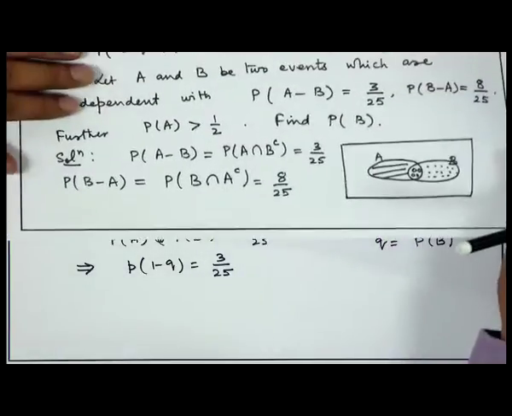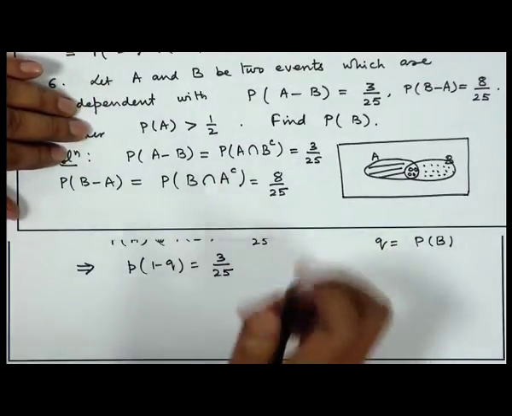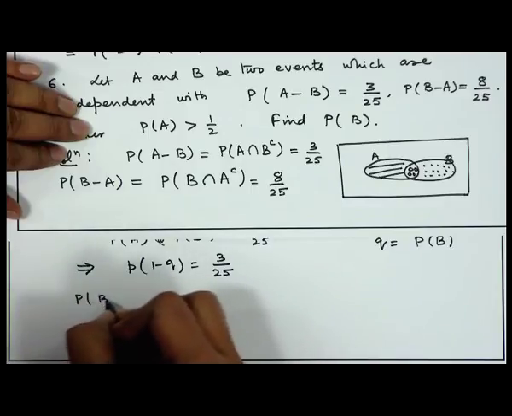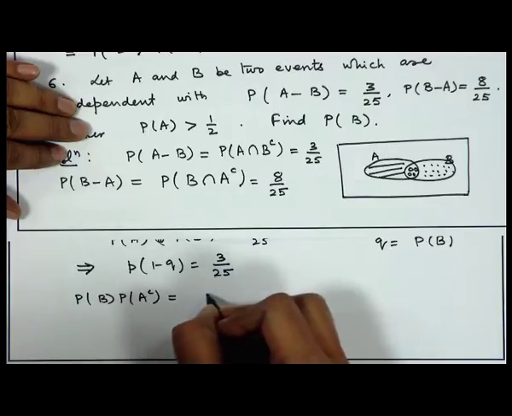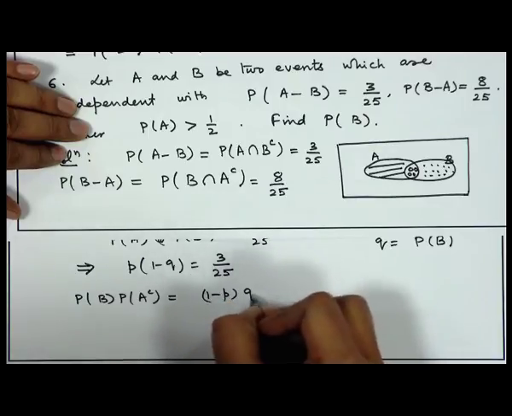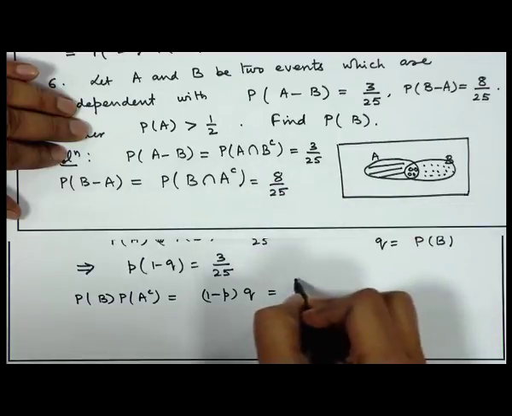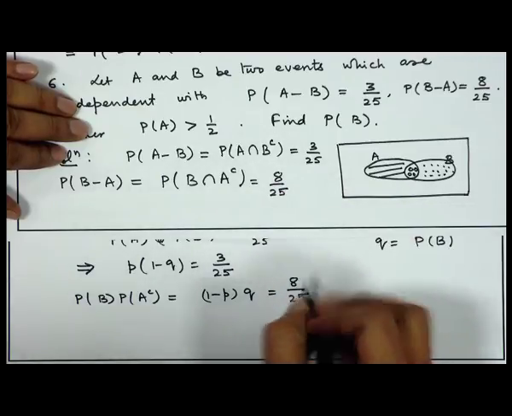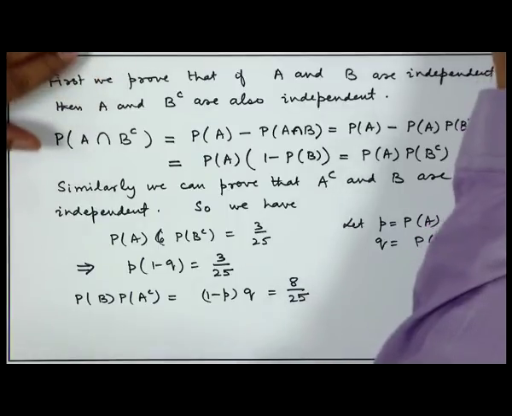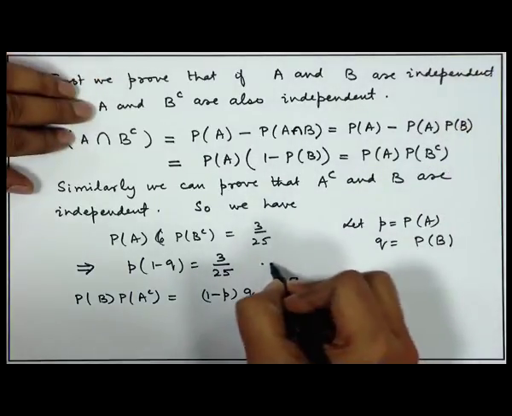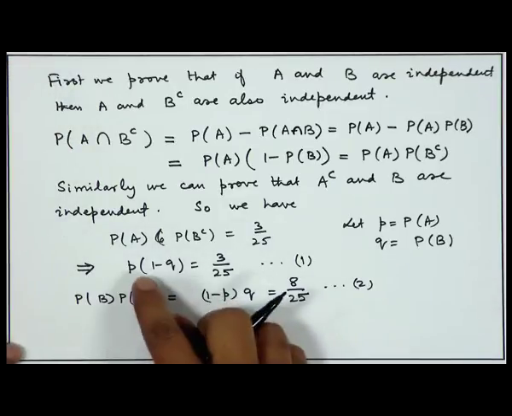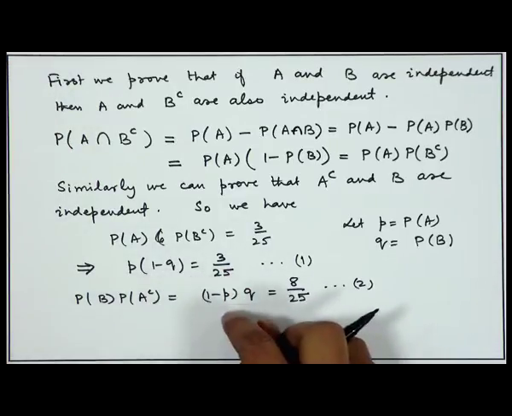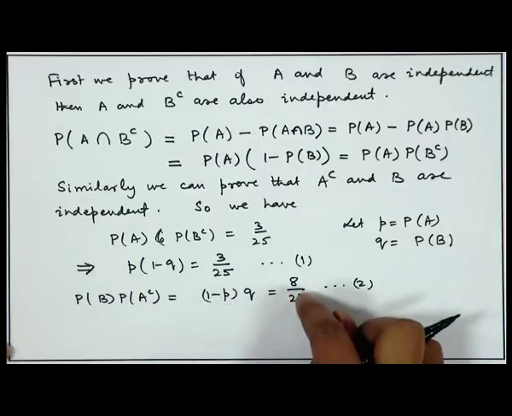Similarly, probability of B intersection A complement will become probability of B into probability of A complement, that is 1 minus P into Q, equal to 8 by 25. So, I have two equations and two unknowns. P minus PQ is 3 by 25 and Q minus PQ is equal to 8 by 25.